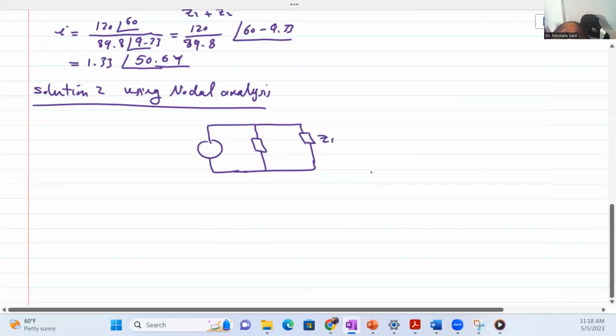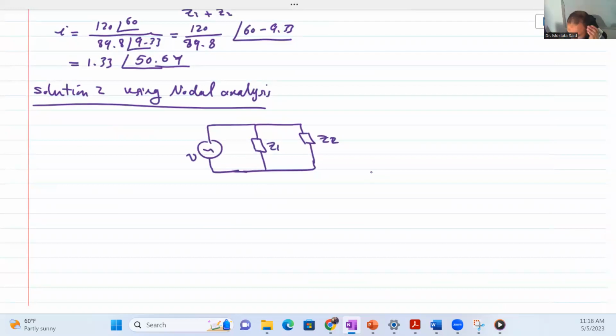So Z1 here, and Z2, and our source V. Okay, good. What we learned in nodal analysis in DC, we're going to apply exactly the same here in AC. So first, we search for the nodes. We have two nodes. This is what we learned, this one and this one.